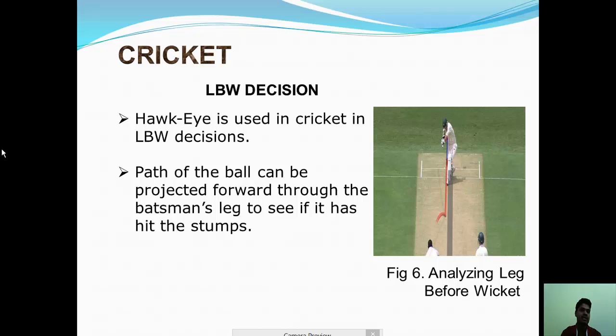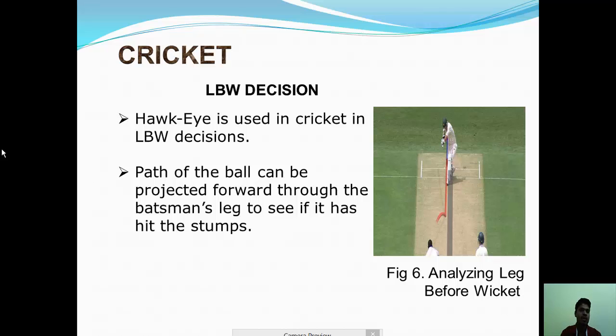Based on this input, it generates an approximate prediction of bounce so that it makes it easier for umpires to give decisions.